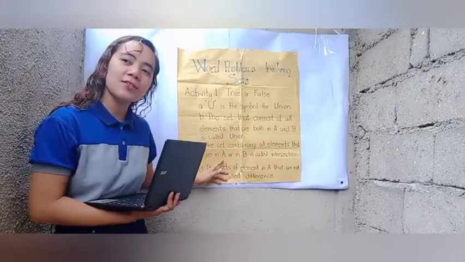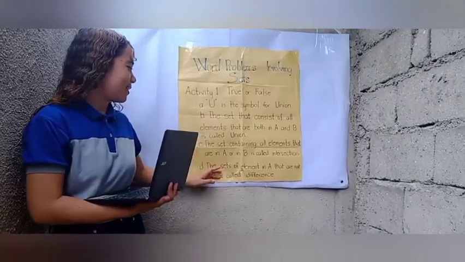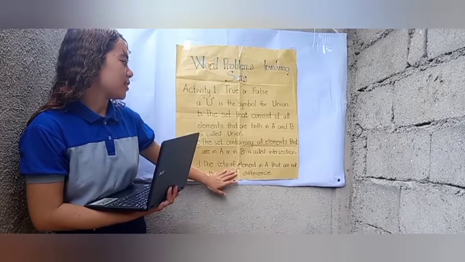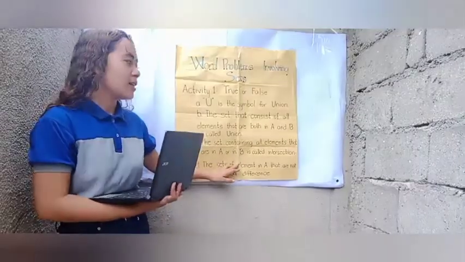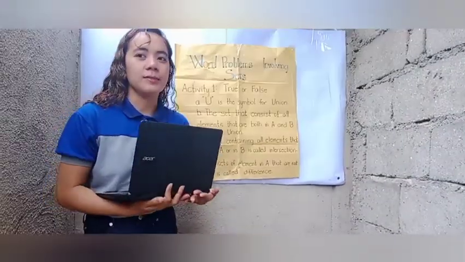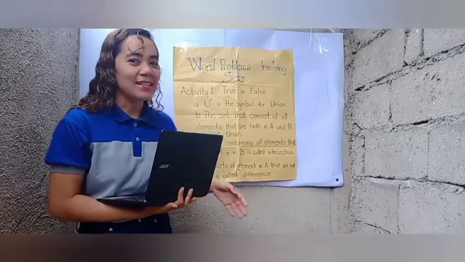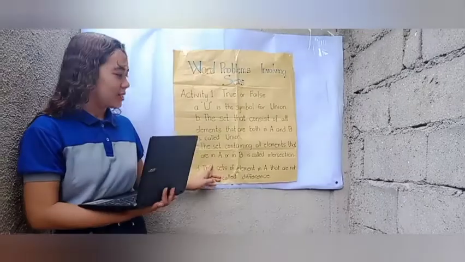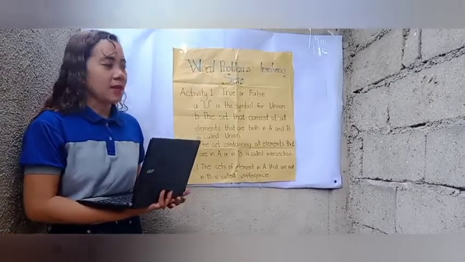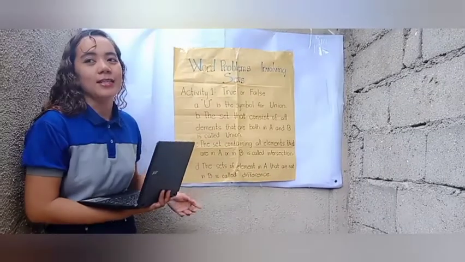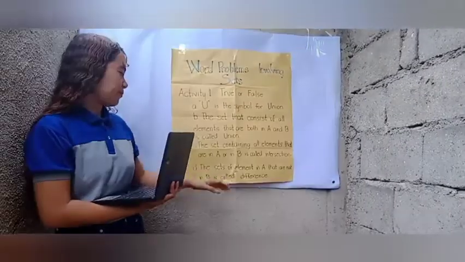Ilan na nakatama ng sagot? Ay, marami pa din. Tingnan natin sa letter C. The set containing all elements that are in A or in B is called intersection. Tama, mali? Mali po itong letter C. Kasi, the set containing all elements that are in A or in B is called union.